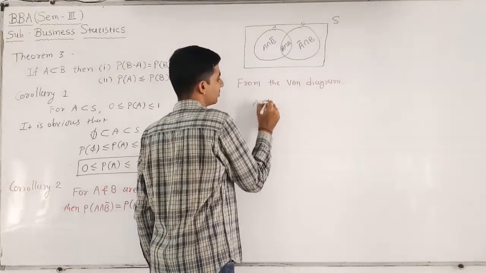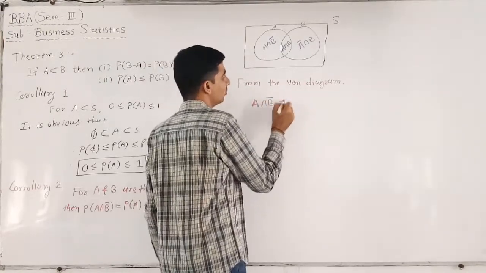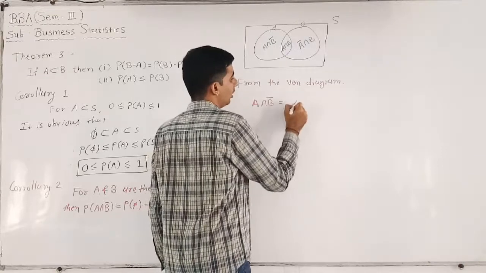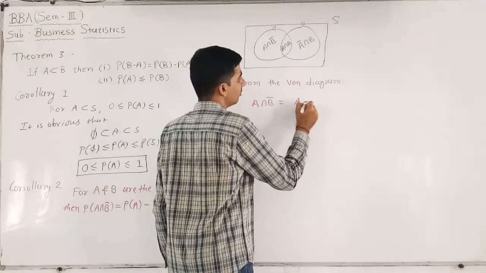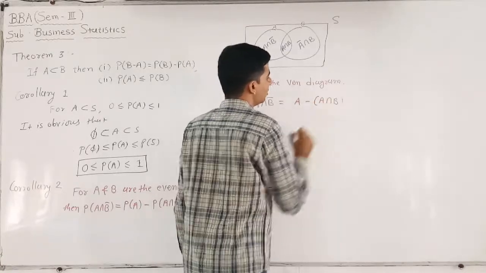What is A intersection B bar? A intersection B bar is equal to A minus A intersection B.